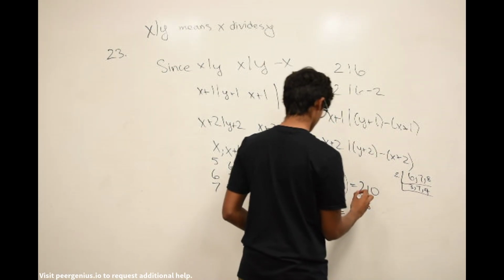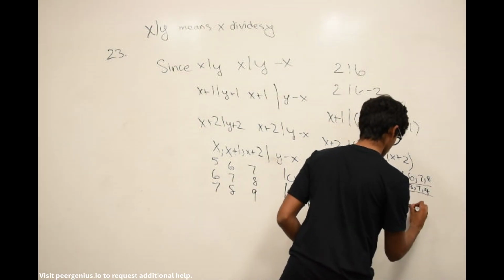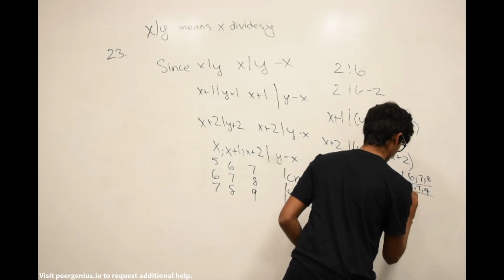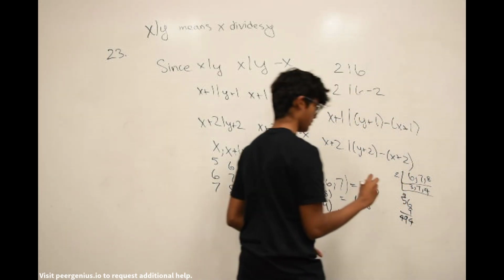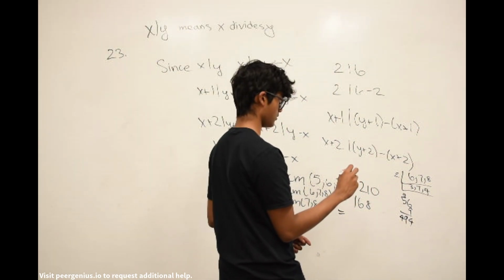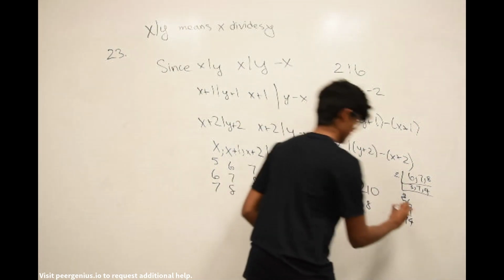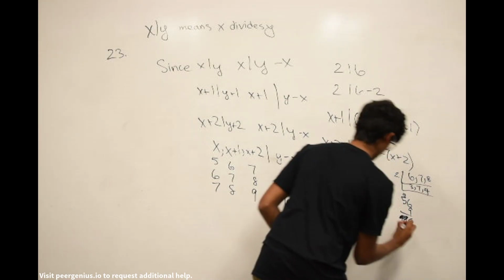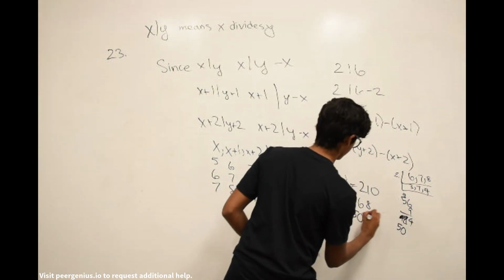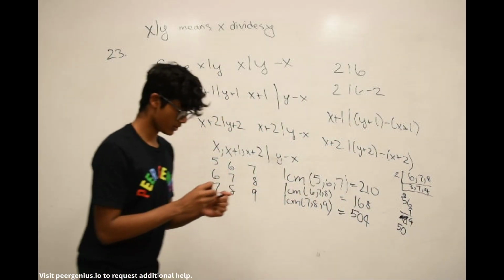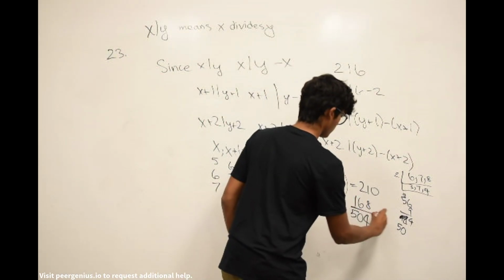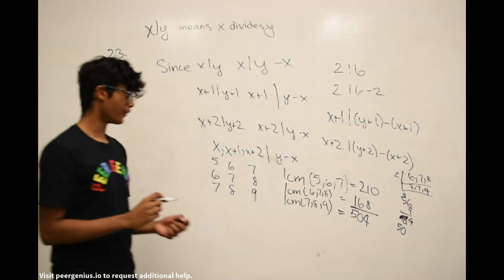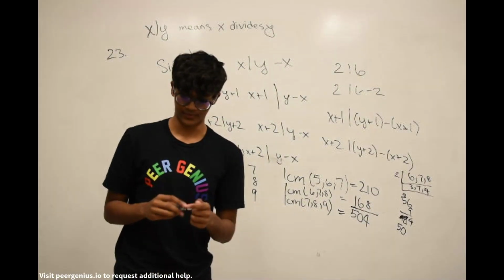I'll just do it out. Okay. So now we can see that 168 is the smallest value for y minus x.